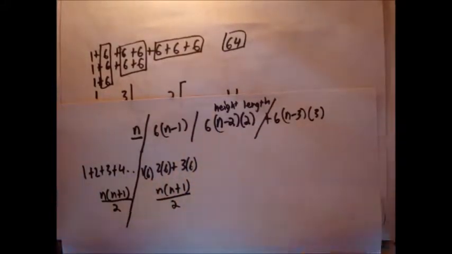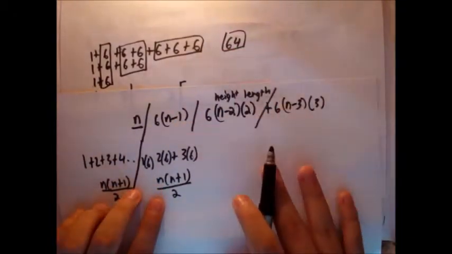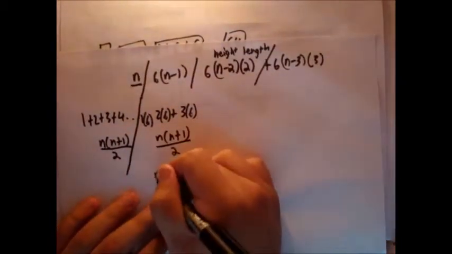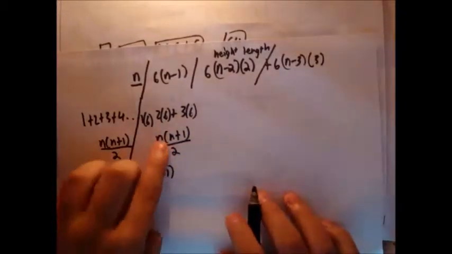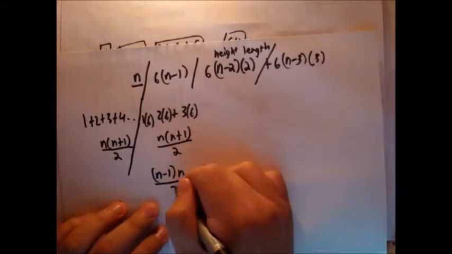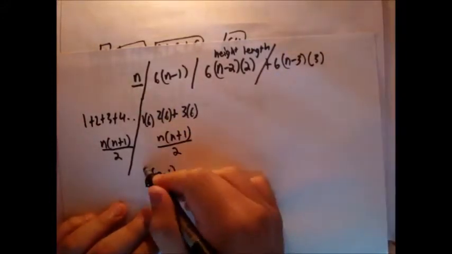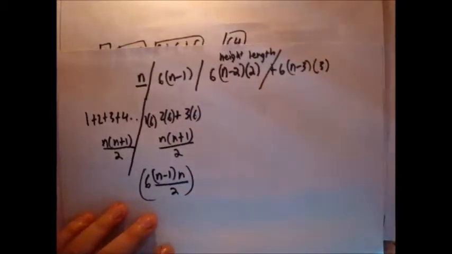But remember, n minus 1 term. So wherever we see n, we're going to substitute n minus 1. We're going to substitute in there n minus 1, n minus 1 plus 1 is just n, divided by 2, and then of course times 6 right there. Simplify that in a jiffy.